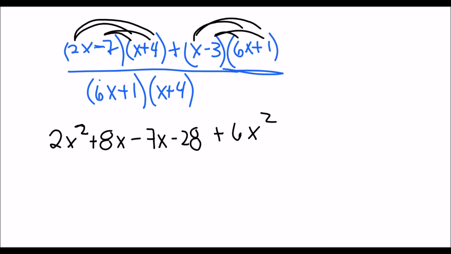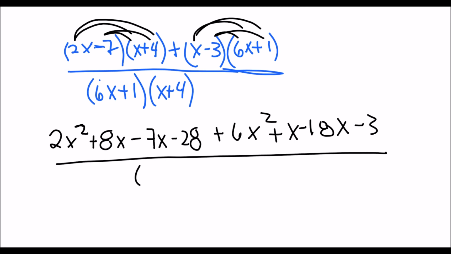X times 1 is x. Negative 3 times 6x is negative 18x. And negative 3 times positive 1 is negative 3. And that's all over our LCD, which is 6x plus 1 and x plus 4.